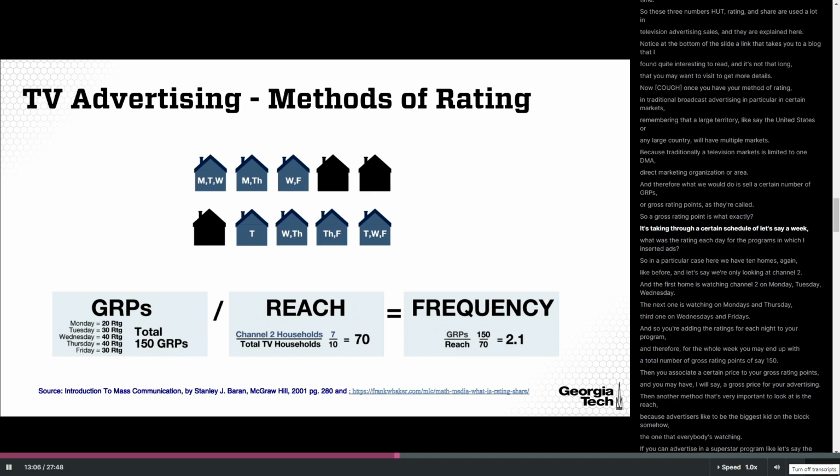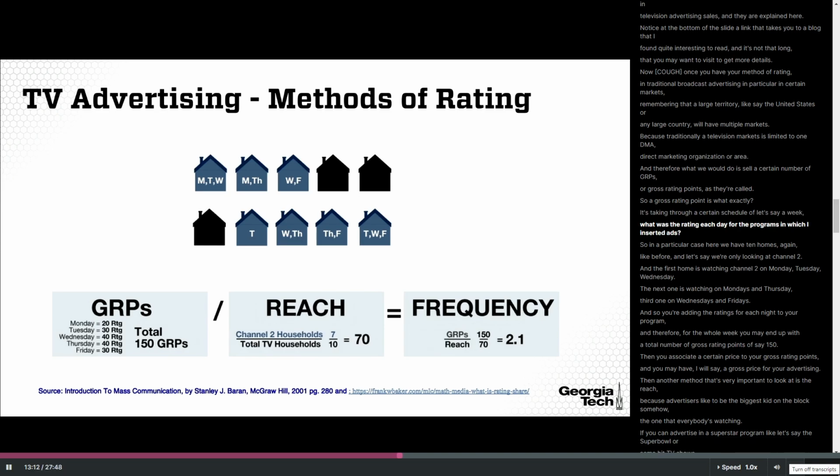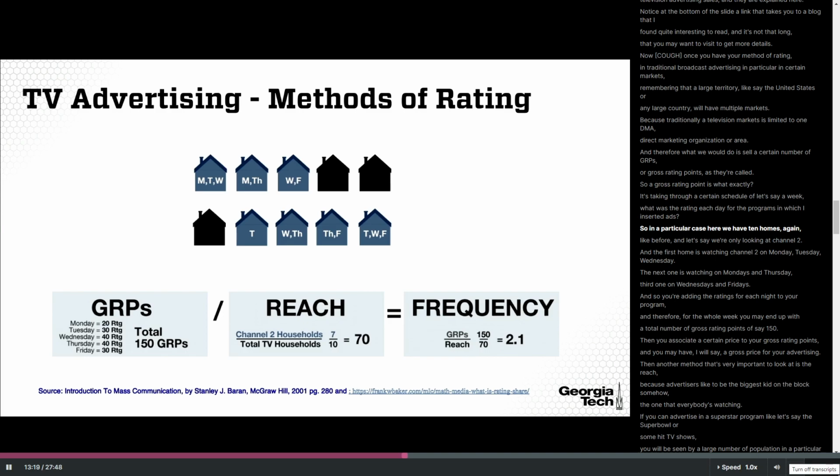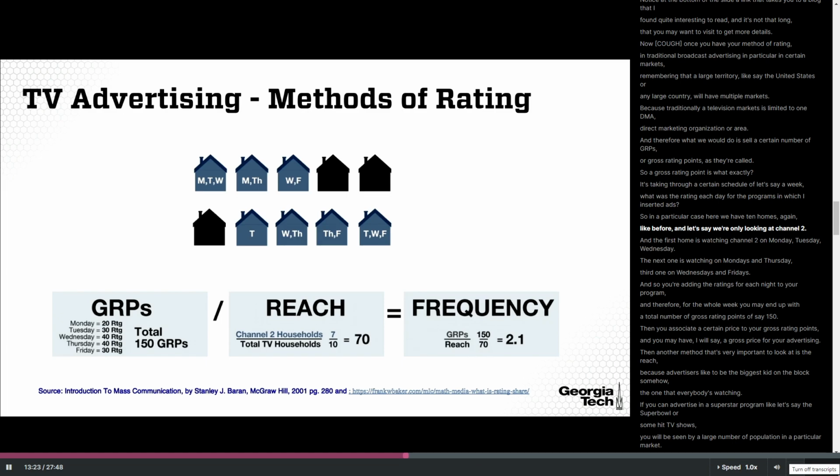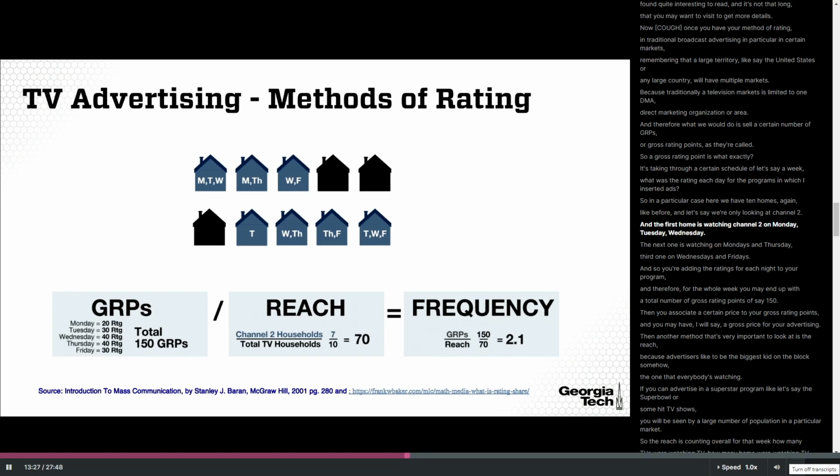It's taking through a certain schedule of, let's say, a week, what was the rating each day for the programs in which I inserted ads. So in this particular case, we have 10 homes, again like before, and let's say we're only looking at channel 2, and the first home is watching channel 2 on Monday, Tuesday, Wednesday.